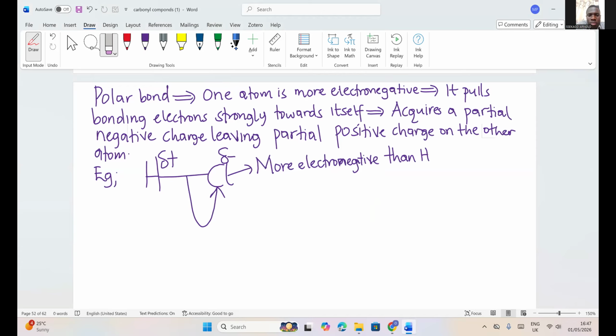The one who is supposed to tell you when to know that one atom is more electronegative than the other will tell you very soon. That is if you are watching this video and you have never encountered electronegativity. I am referring to those in senior 5 first term, who have not gone through electronegativity.